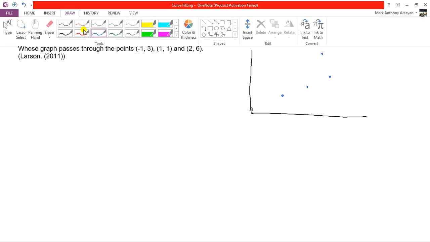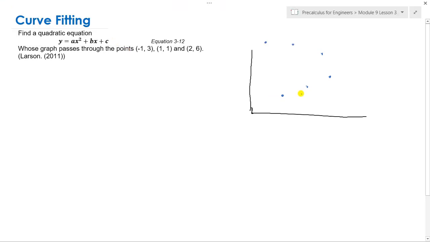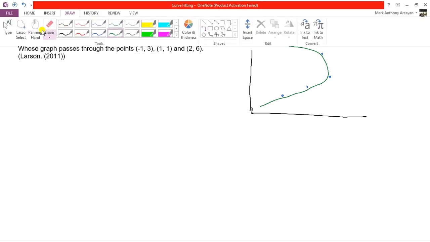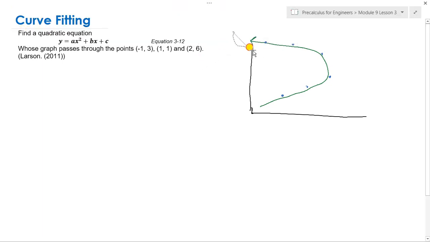Curve fitting is when you match the data to the type of curve that will fit it. Let's say in this particular data, the curve generated is maybe this. I connect the points, and I think this is the best curve fit for this data.